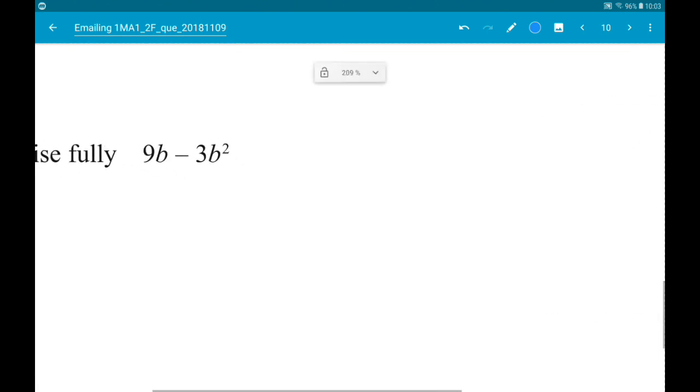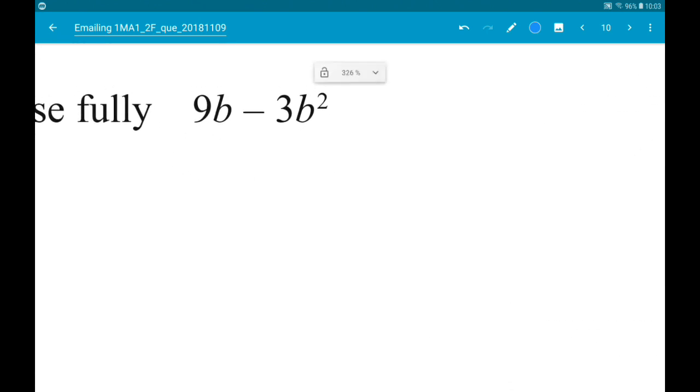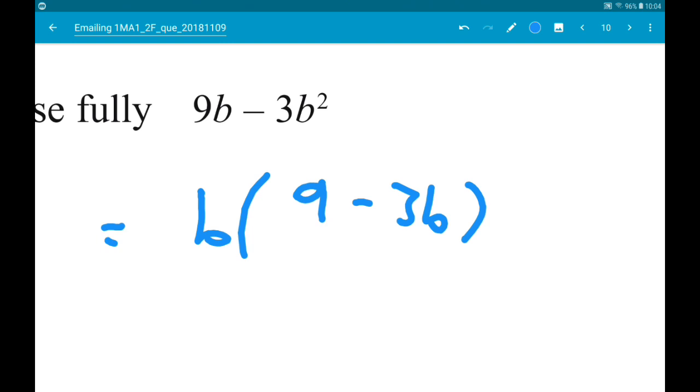So if we take out the b, first of all, we get b times 9 minus 3b. So now inside the brackets there is still a common factor of 3. So we're going to stick a 3 on the outside. So we now have 3b. And inside the brackets we divide by 3. So we have 3 minus b.